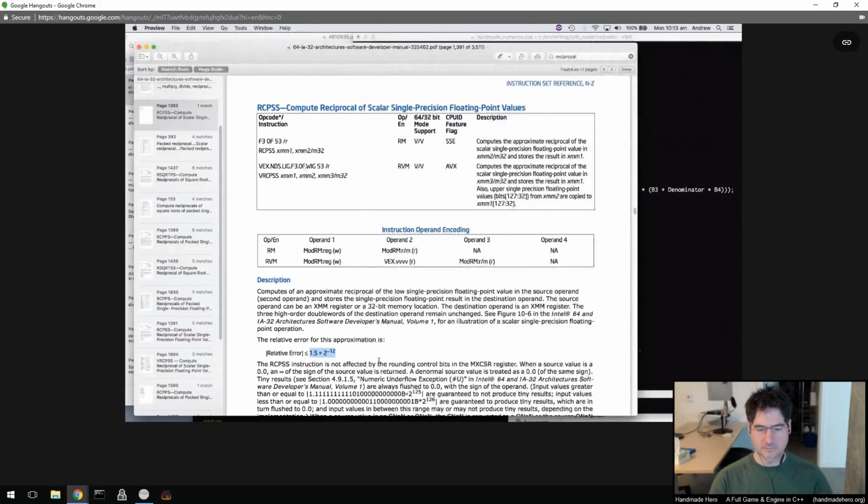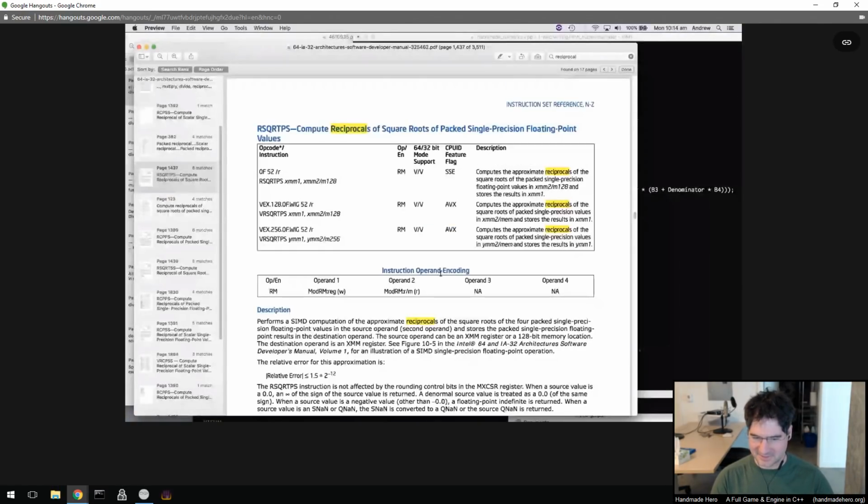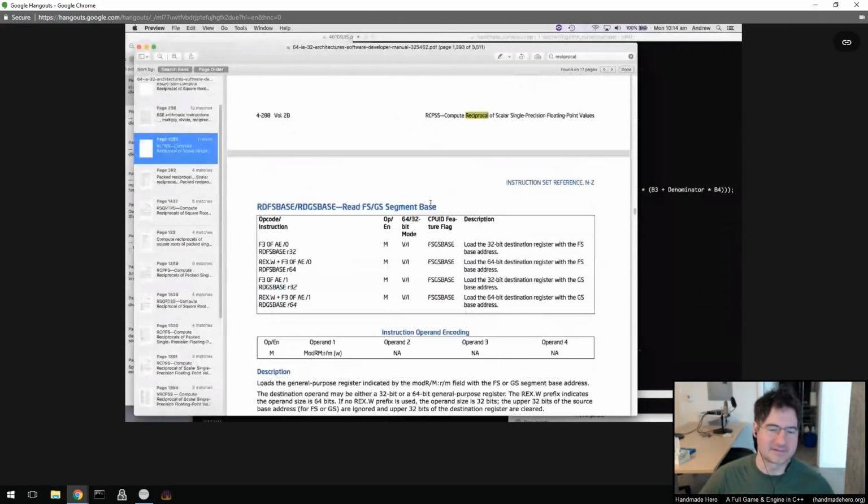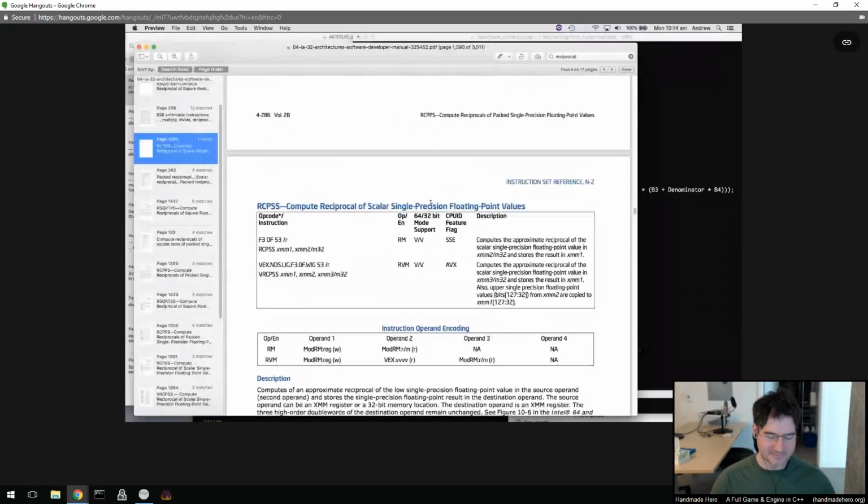Intel very kindly gave us an instruction which accesses that lookup table, because it needs it anyway.